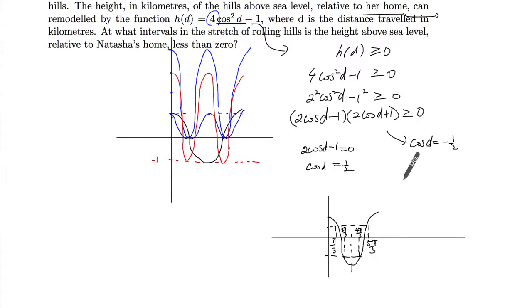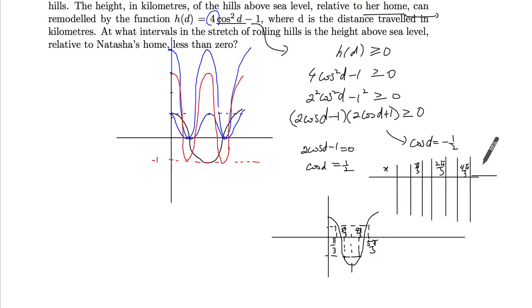Let me create a table here. For x, the smallest one is pi over 3, and then 2 pi over 3, then 4 pi over 3, then 5 pi over 3, and of course we end at 2 pi. First, 2 cosine d minus 1.